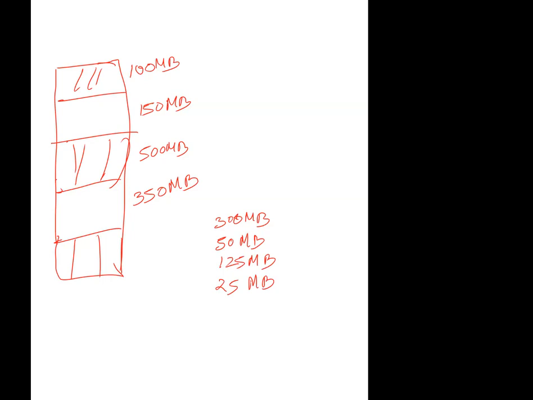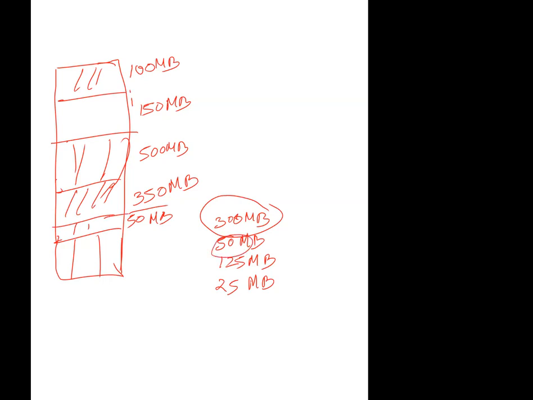So how does the first fit algorithm work? When 300 MB comes, it will start searching from the beginning, and here it will find the 350 MB hole. It just allocates the memory for this process, and 50 MB is left over. Then the 50 MB process comes in.